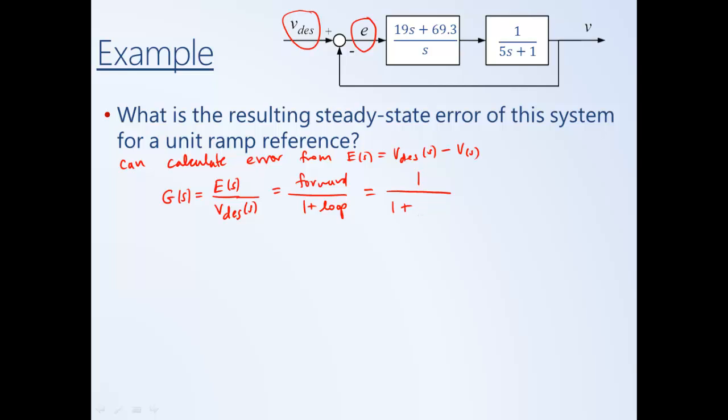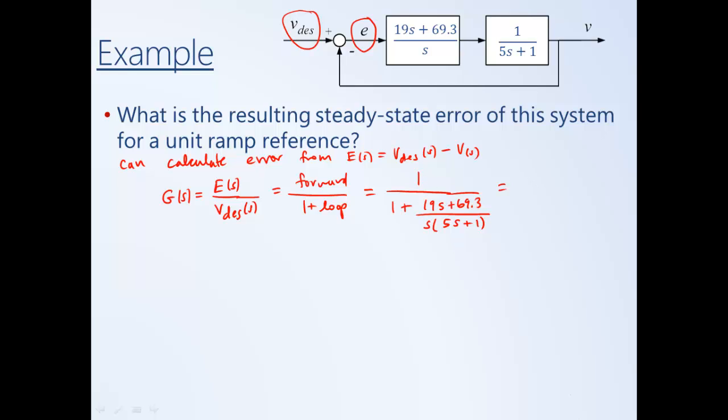The denominator is 1 plus loop, where the loop is just the product of these two transfer functions. We get 19s plus 69.3 divided by s times the quantity 5s plus 1. Cleaning it up into the form of a single polynomial in the numerator and a single polynomial in the denominator, we can multiply through on the top and the bottom by s times the quantity 5s plus 1.